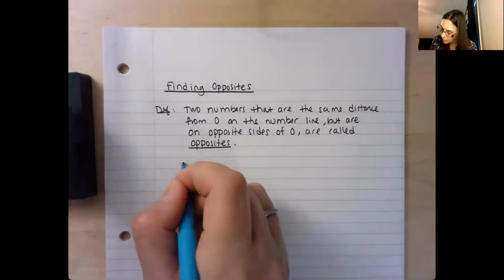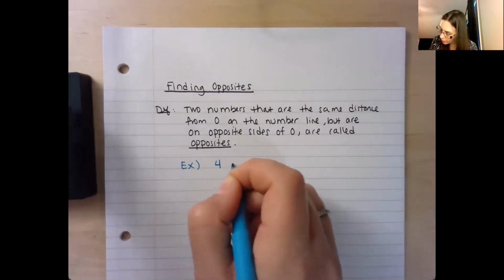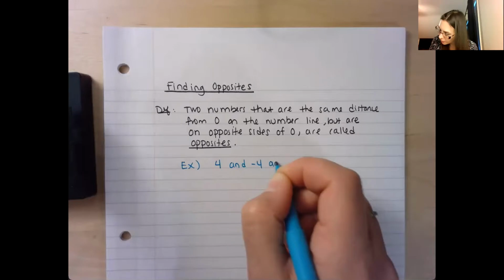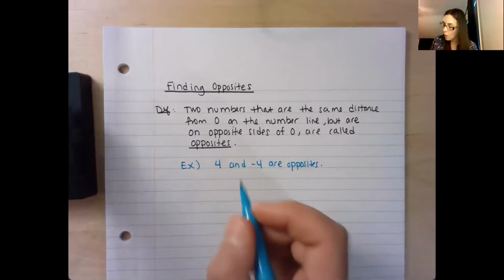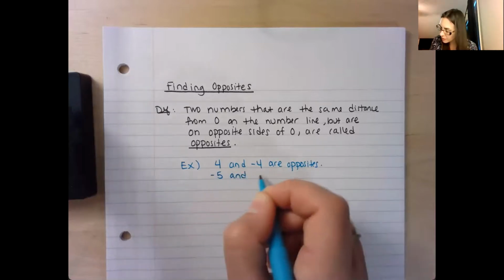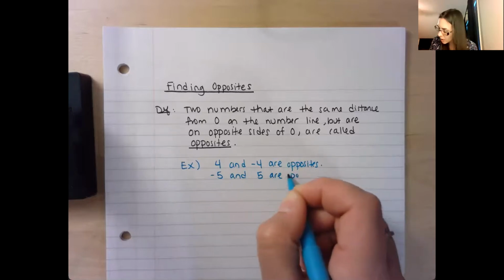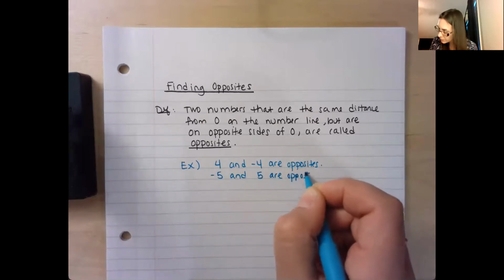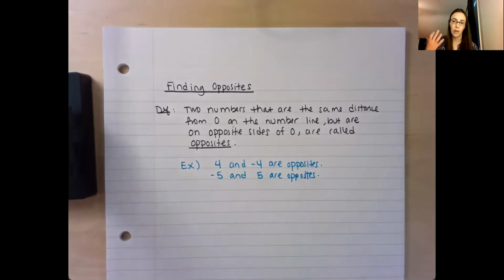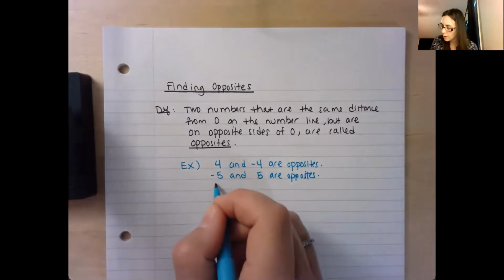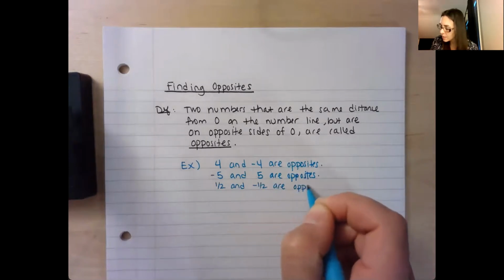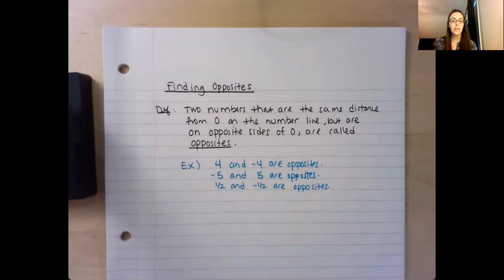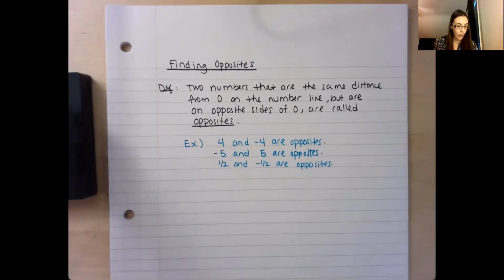So for example, 4 and -4 are opposites, or -5 and 5 are opposites. I know we're doing integers right now and really focusing on whole numbers, but this definition also works for fractions and decimals. Just to throw one in there, 1/2 and -1/2 are opposites. So this definition does apply to fractions and decimals as well.